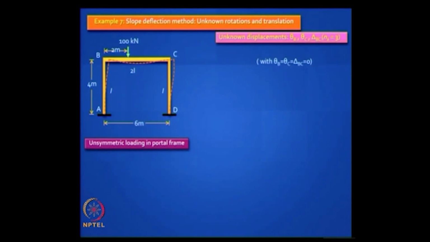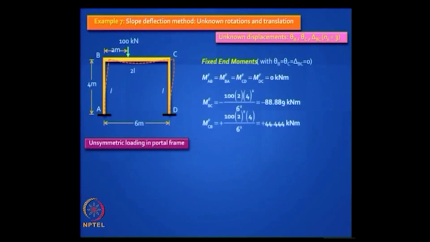So theta B, theta C, delta BC. Fixed end moments, well, your columns do not have any fixed end moments, but your beam does, and you can easily calculate that, right. Minus W a b squared by L squared plus W a squared b by L squared, fine.